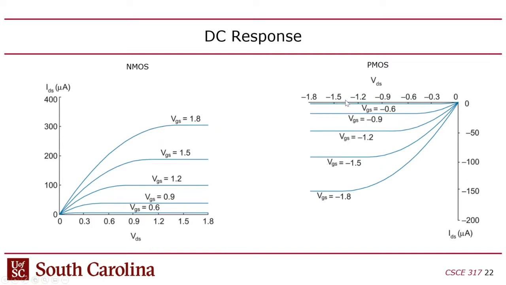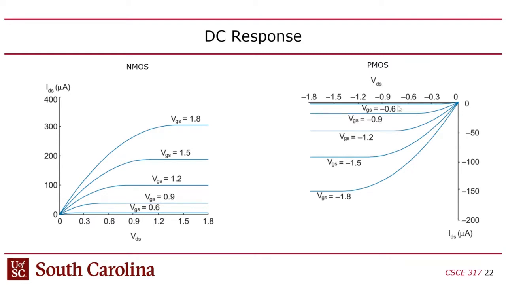For the PMOS, now this is where I mentioned the PMOS is usually a little weirder. First of all, the gate source voltage is negative, so it's going to be negative 0.6 to negative 1.8 here. And I also mentioned to you that the source and drain are usually flipped in a PMOS. And that part, again, is a convention.